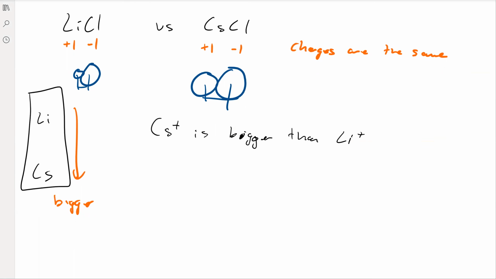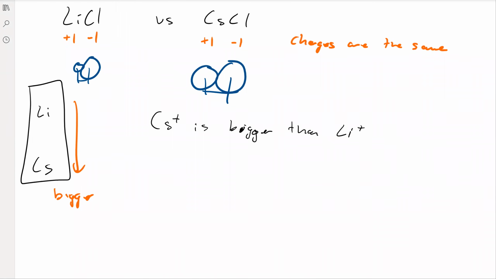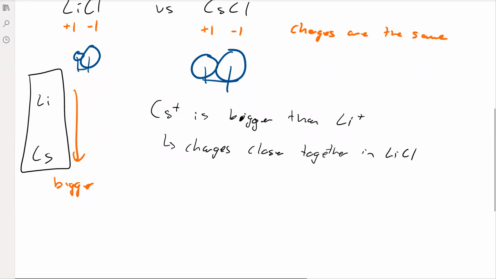The anion is chloride on both sides, so it's the same thing there. And so then what we say is that the charges in the lithium chloride are closer together than the ones in the cesium chloride.